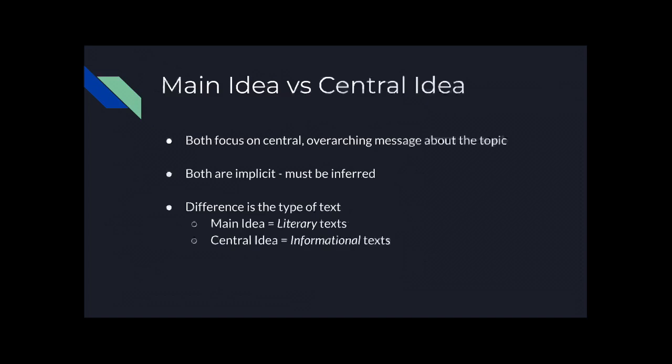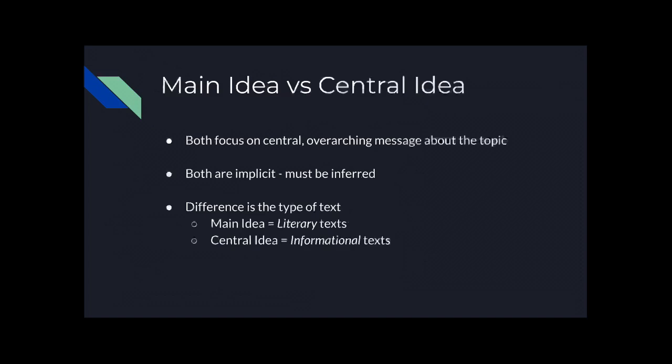Now, main idea and central idea, while they are similar, there are some differences. Both are going to focus on the central overarching message about the particular topic. Also, main idea and central idea are both implicit, which means that we need to make an inference to determine what they are.